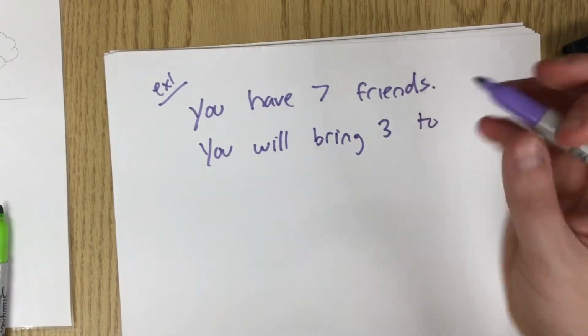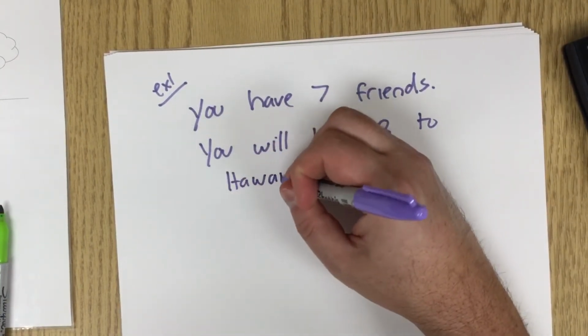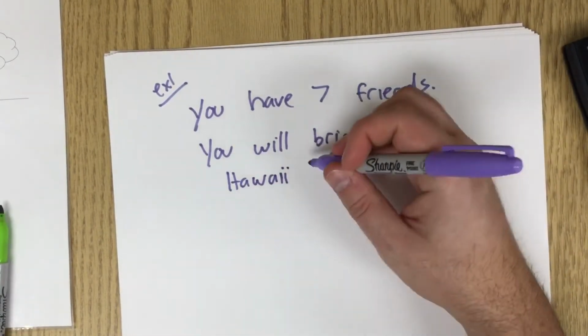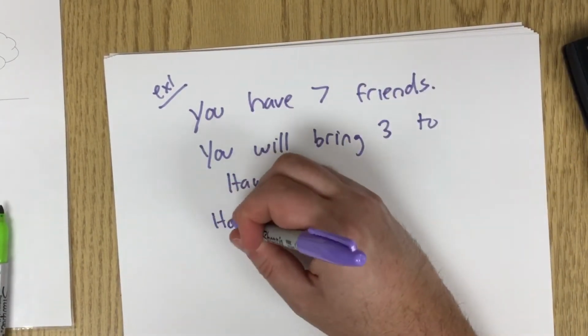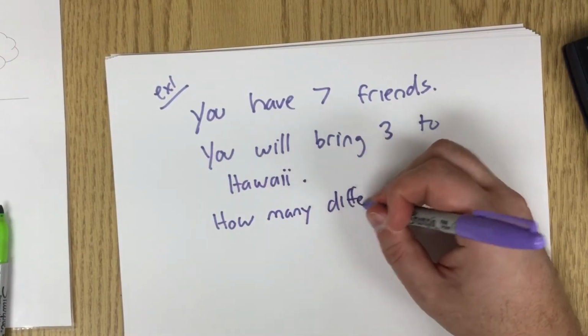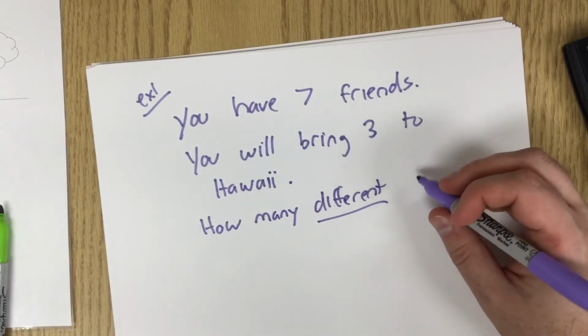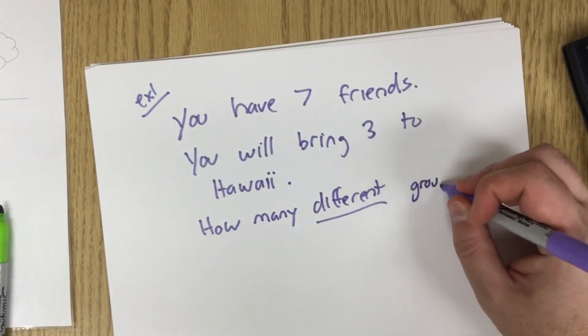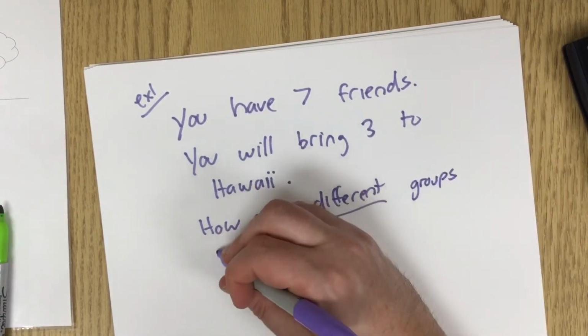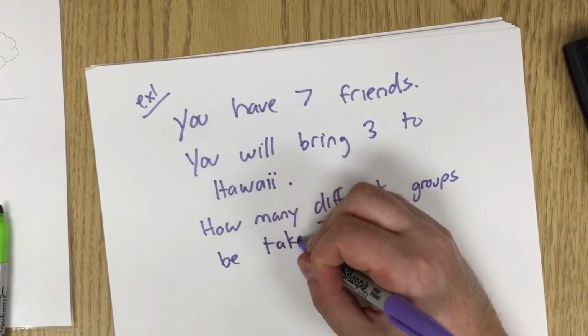Three to Hawaii. How many different groups can be brought? So brought, taken, be taken, all.